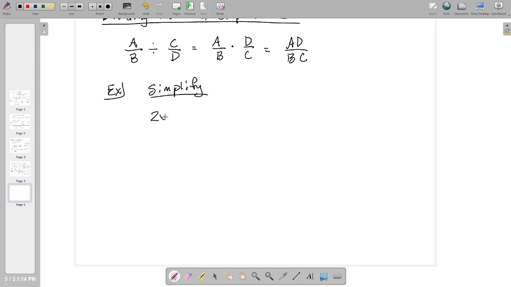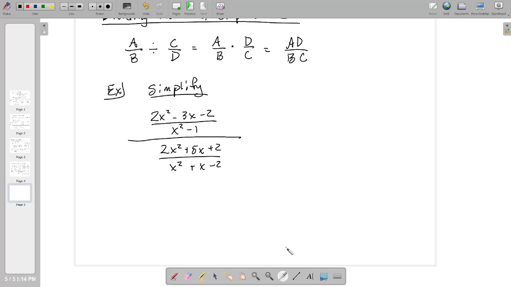Simplify. 2x squared minus 3x minus 2 divided by x squared minus 1, divided by 2x squared plus 5x plus 2 divided by x squared plus x minus 2. Okay, so I need to make a note here.